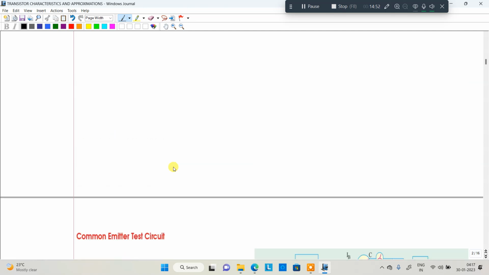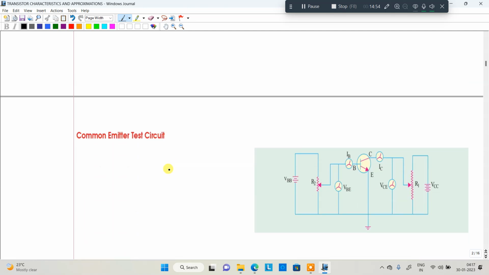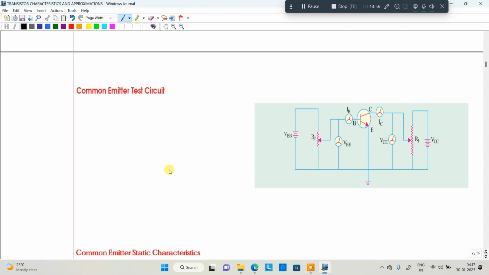That's the common base test. Coming to the common emitter test, the second one. The same procedure I explained previously applies here also. That's why I will explain the remaining two, common emitter and common collector, quickly.